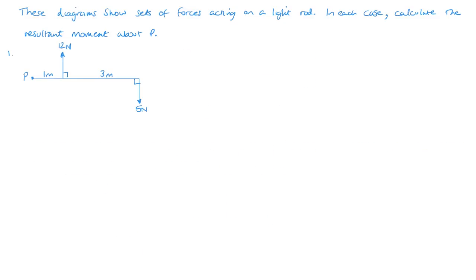So in this one, we've got P over here. 12 newtons is 1 meter away from it, and 5 newtons is 4 meters away from it. So let's first find the moment of the 12 Newton force, and that's going to be 12 times 1, so it's 12 Newton meters, and it's taking it this way round, so it's going to be anti-clockwise.